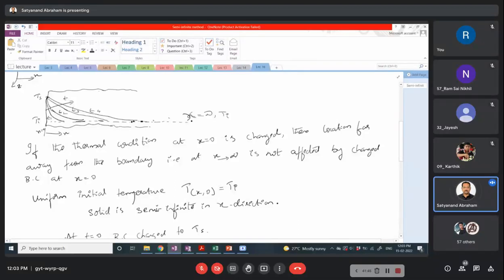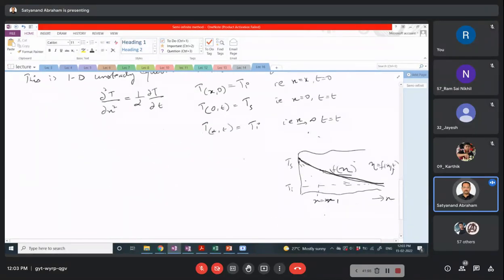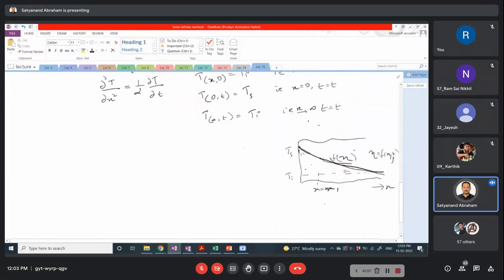That's why we say a self-similar solution is possible. Self-similar means we are combining x and t into a single variable, so that we get a single solution. It will be more clear when we see the solution later.